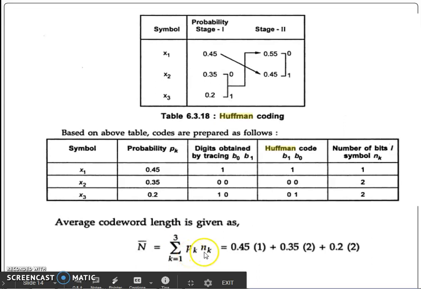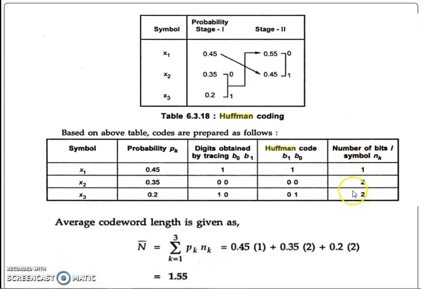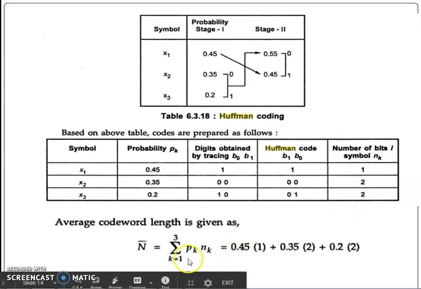Summation pk into nk. The pk is all the probability of that symbol, and nk is nothing but the last column, which is the number of bits in the Huffman code. So when you simplify, simply put the value of k from 1 to 3.